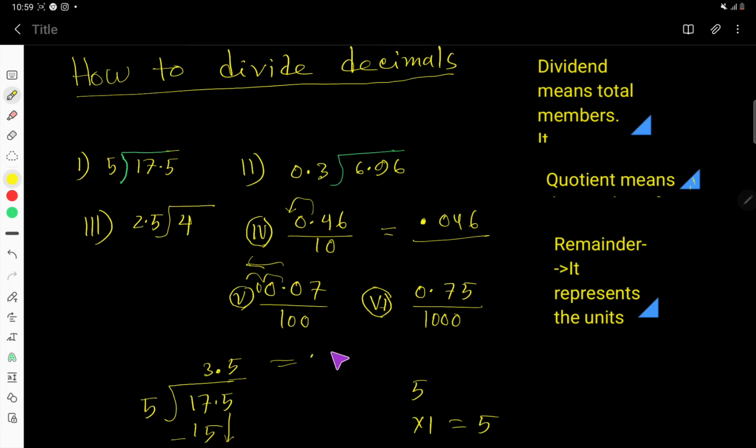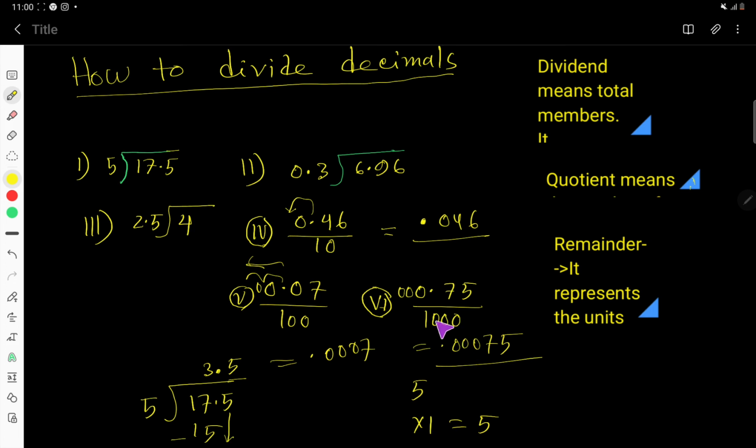So decimal point here, then 0007, right? The decimal point will go 2 digits to the left. So 1 2, right? Look, and here the decimal point will go 3 digits to the left. 1 2 3. So you are getting here decimal point 00075. Easy, right?